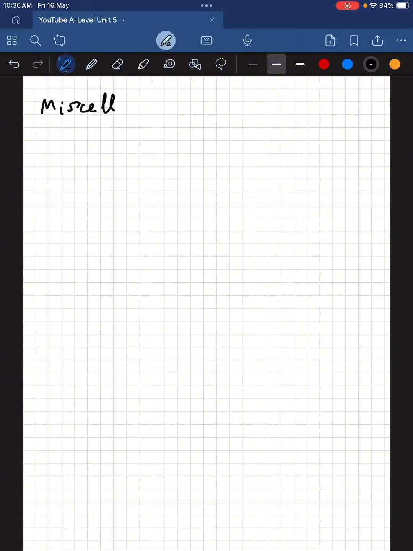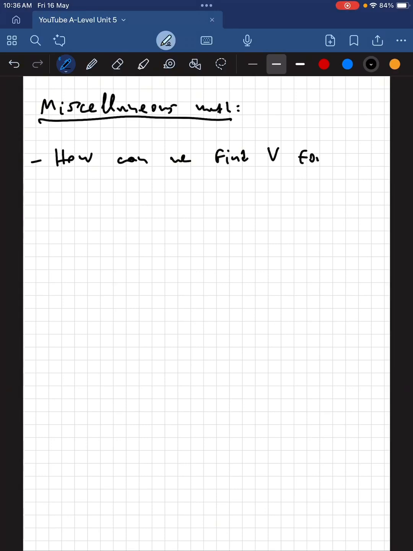So, miscellaneous math. For example, how can we find v for a random x? So x is not 0 or plus or minus a, which is the easy case.